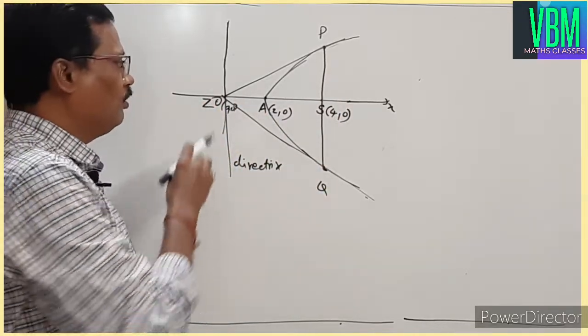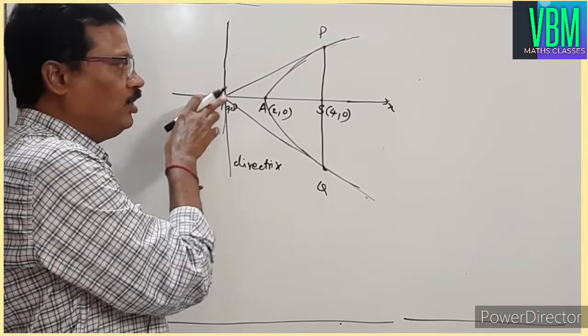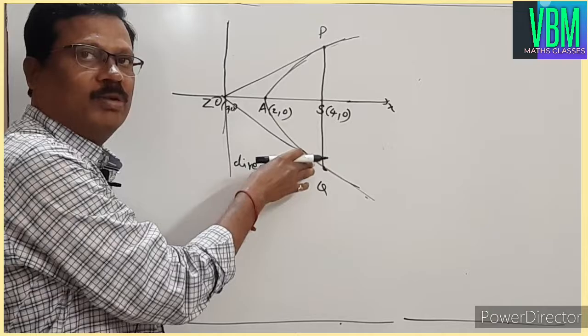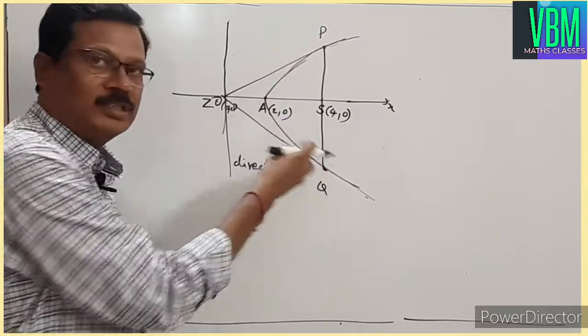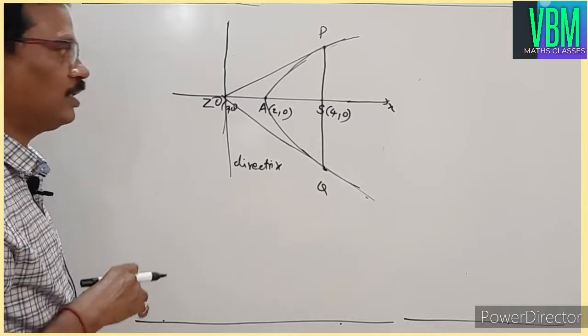Why? Because tangents drawn from a point on the directrix touch the parabola at the ends of the latus rectum. Therefore PQ is the latus rectum.